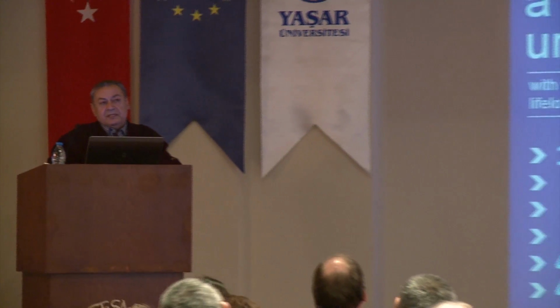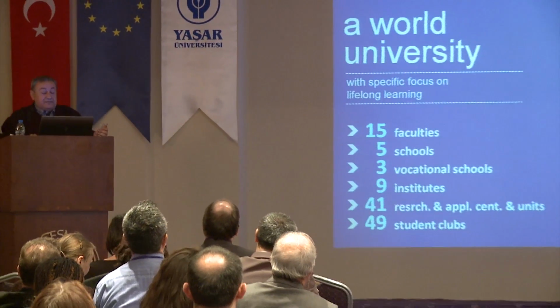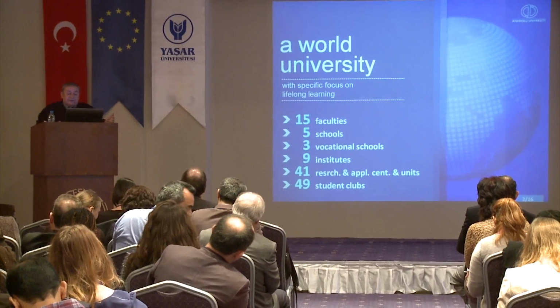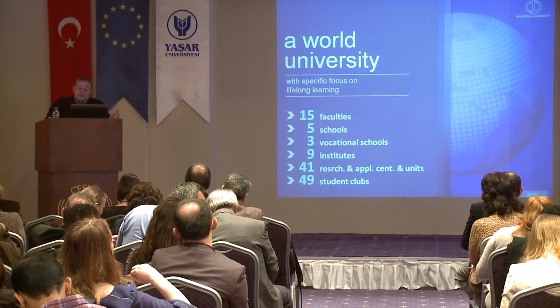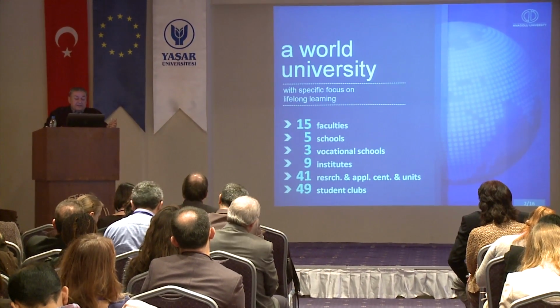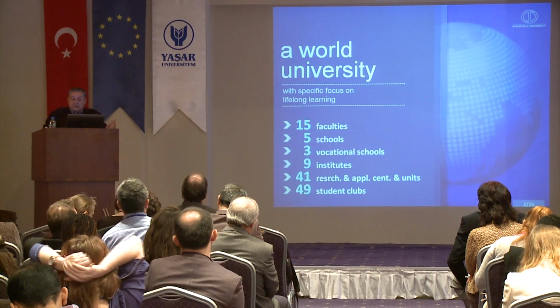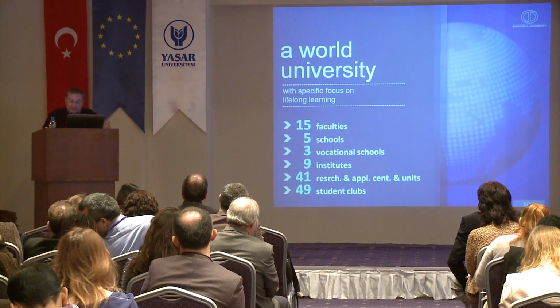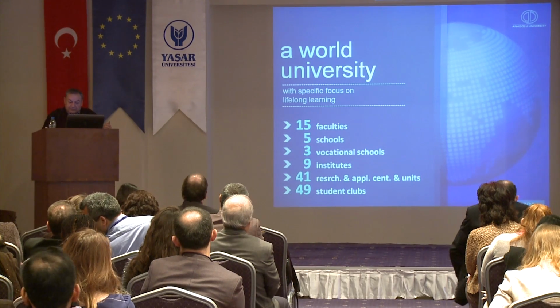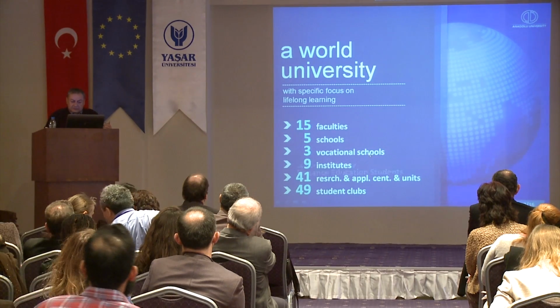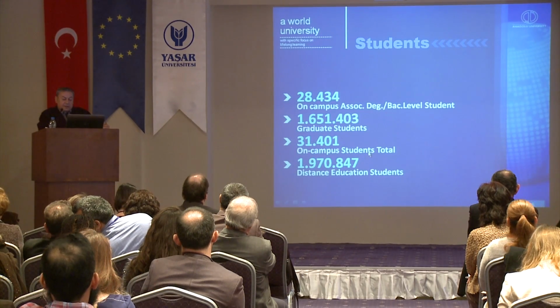Of course the university has another side, which is traditional education. It has nearly 25,000 students, with 15 faculties, 5 schools, vocational schools, 9 institutions, 40 research application centers, and nearly 50 student clubs.